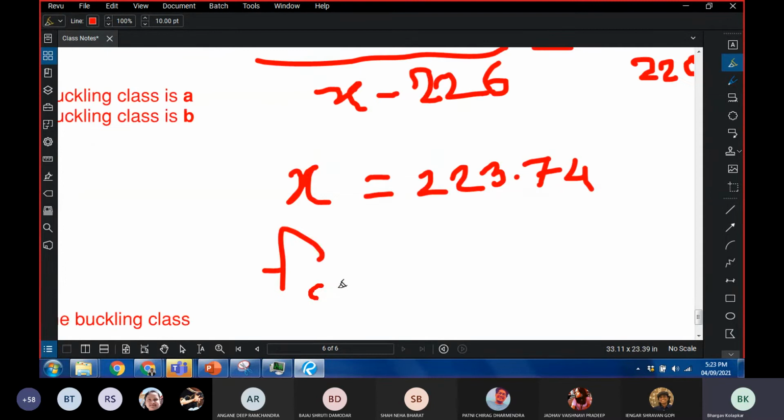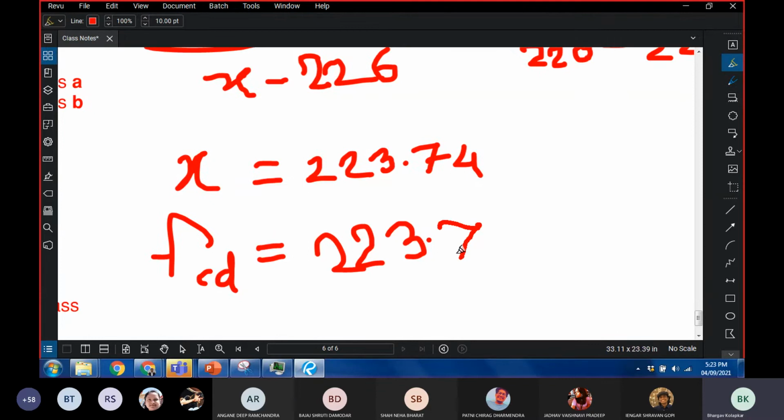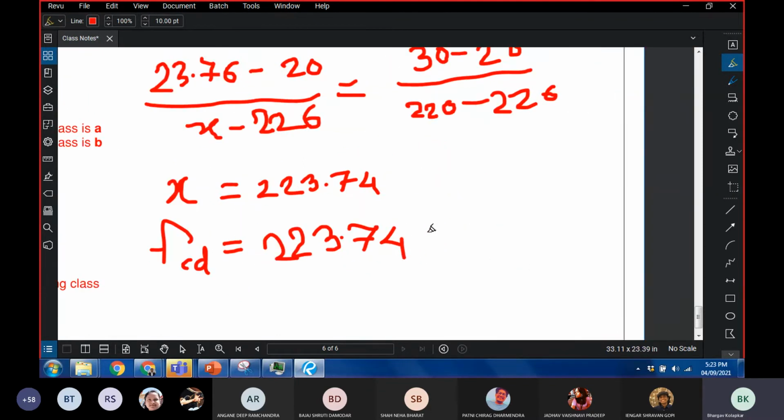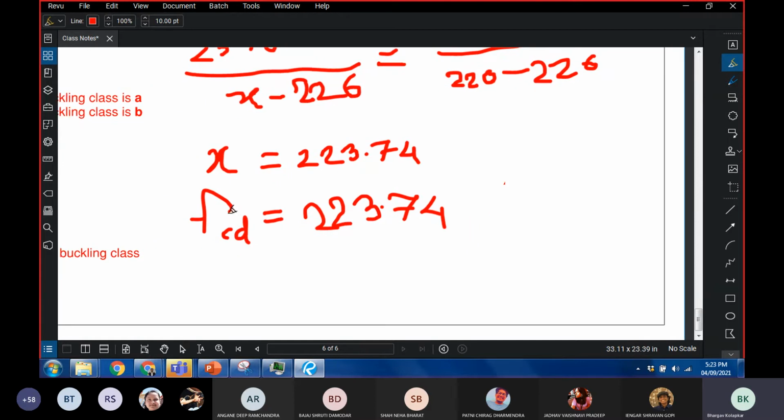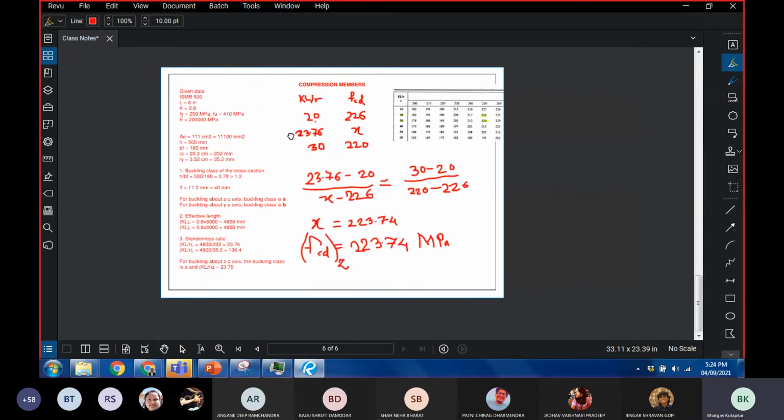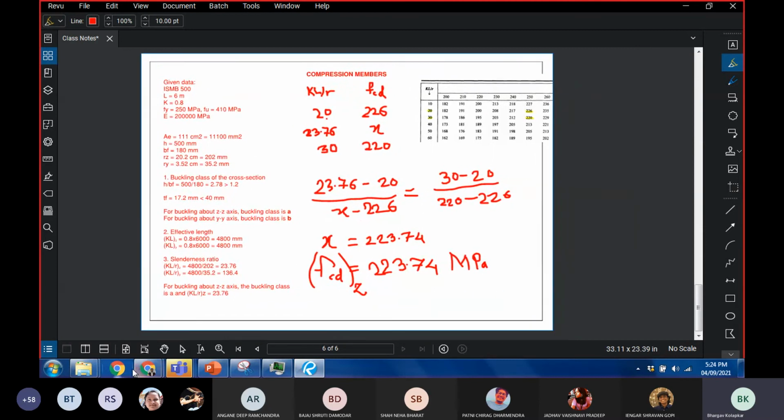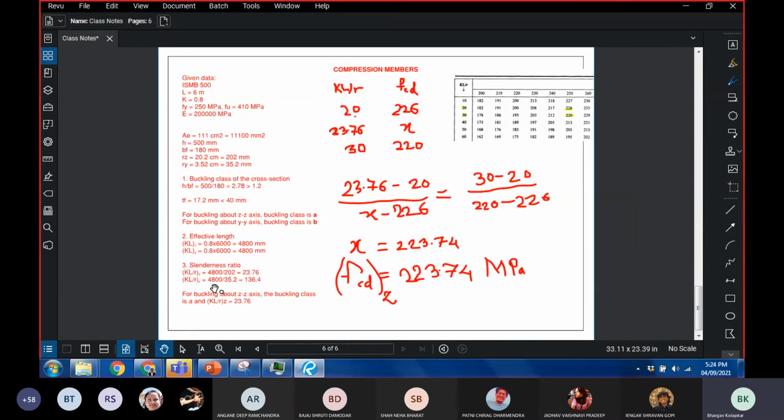So our value of FCD is equal to 223.74 MPa. Now, one thing to remember here is that this is for buckling about the Z axis. So now we have to repeat the same thing for buckling about the Y axis.